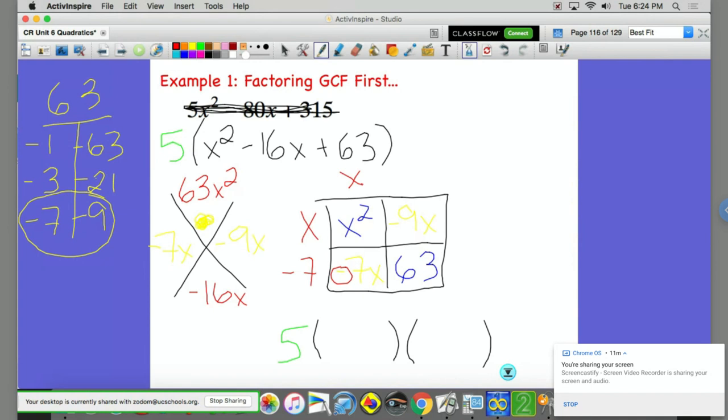We can pull out an x. And then we have -9x and 63. So therefore, we can pull out a -9 since 9 will go into 63. So now our new factors are x minus 7 and x minus 9.